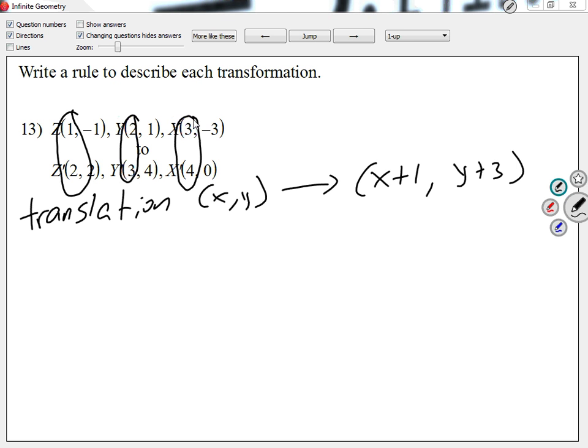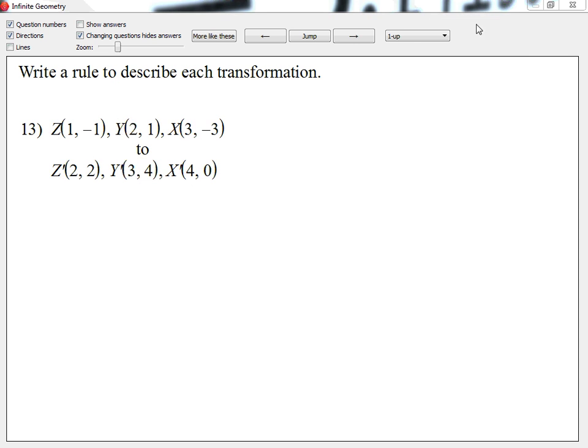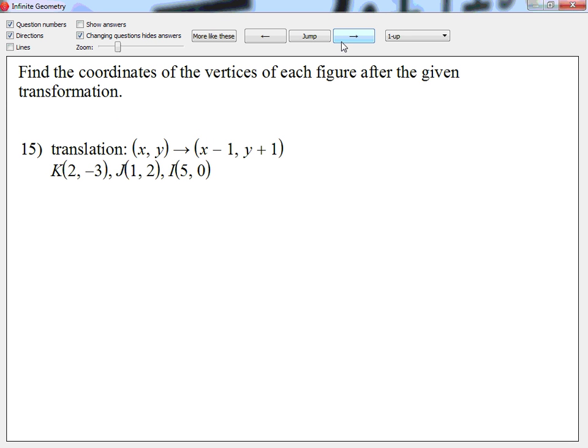Okay. Let me take a look at question number 15. Find the coordinates of the vertices of each figure after the given transformation. So I need to find the coordinates of K prime. We have to subtract 1 from the x and add 1 to the y. So I'm going to come over and I'm going to get 1, negative 2.